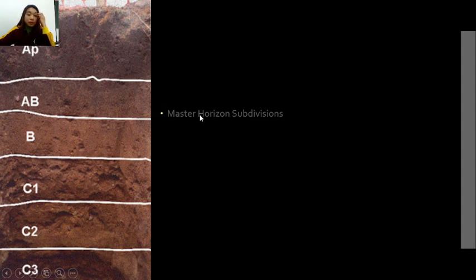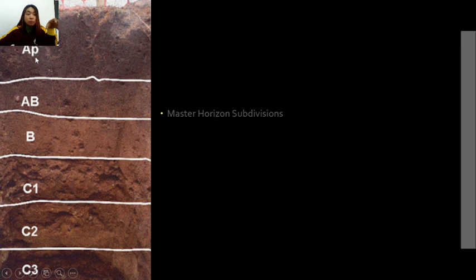Okay, so, these are actually master horizon subdivisions. For example, yung horizon A tapos P, meaning, okay, these are inserted, no, to the master horizon just to tell you kung ano yung cause ng formation ng soil horizon na yon.